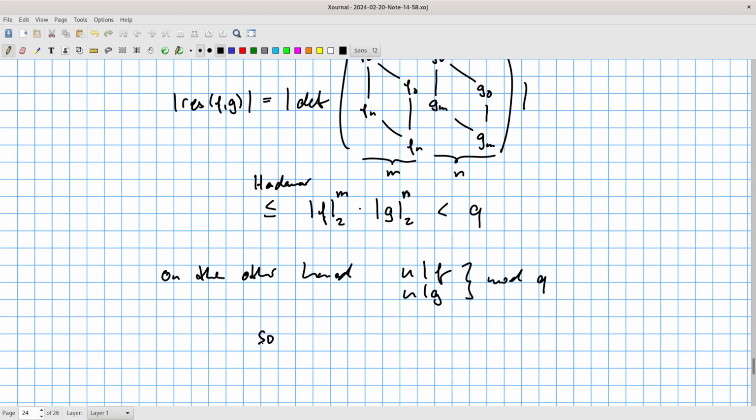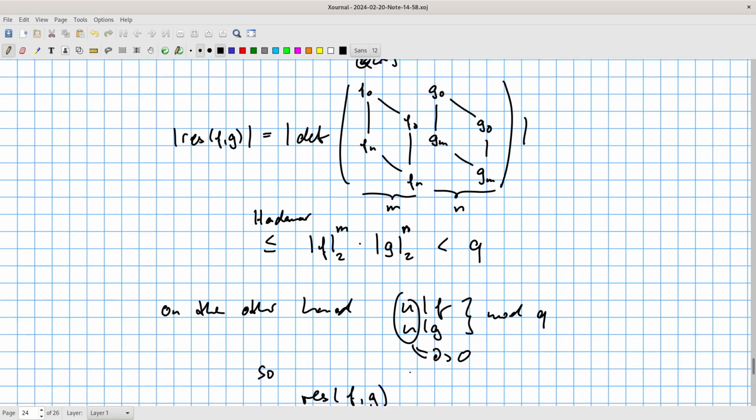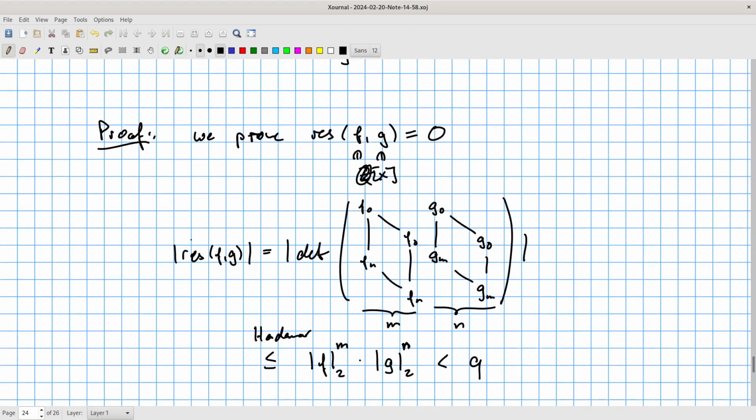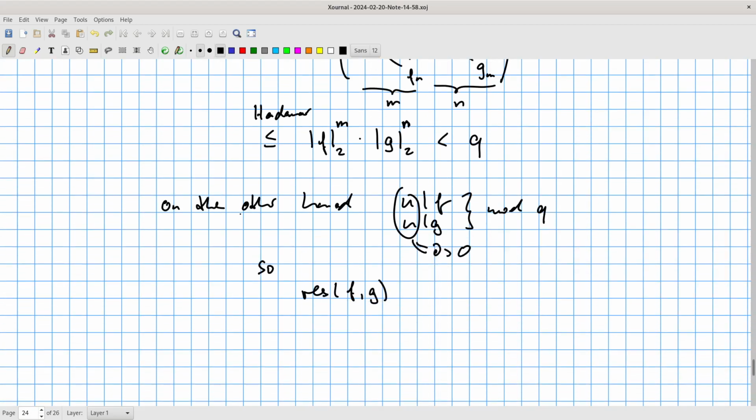So if I'm doing the GCD of f and g when I view them as polynomials over a ring mod q, then the GCD at least contains u, and u has a positive degree, so the GCD is not 1, and therefore the resultant of f and g, which is an integer, will be equal to 0 mod q.